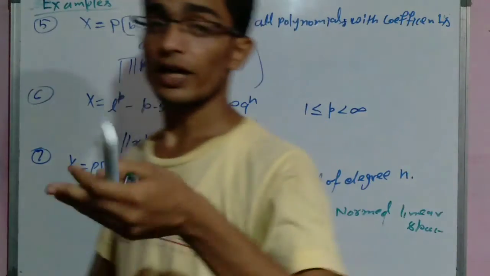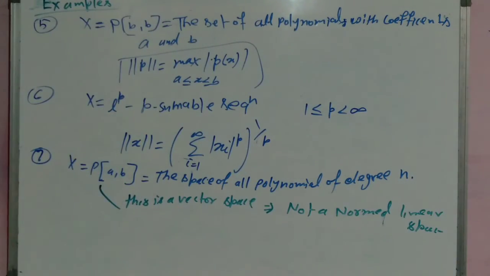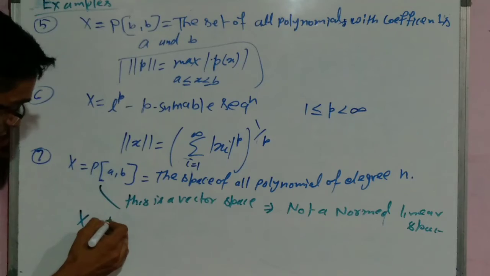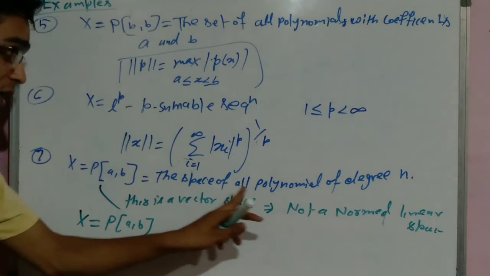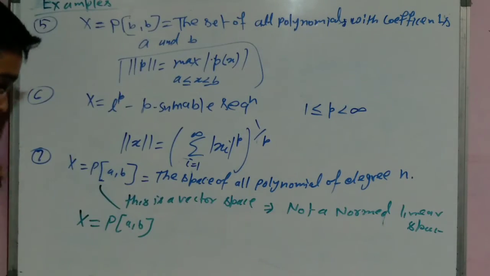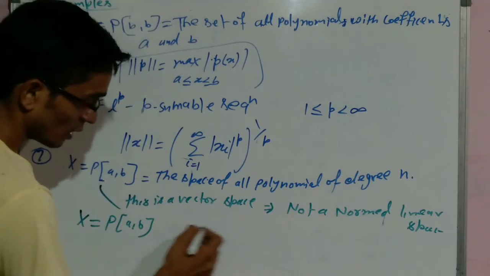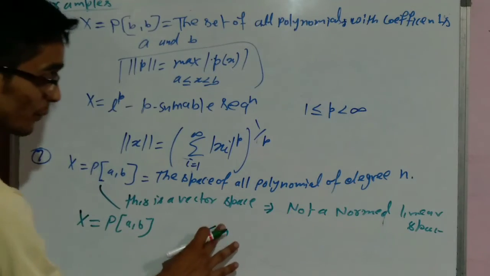So we cannot define a norm. But the space of all polynomials with degree less than or equal to n, then it is a vector space.